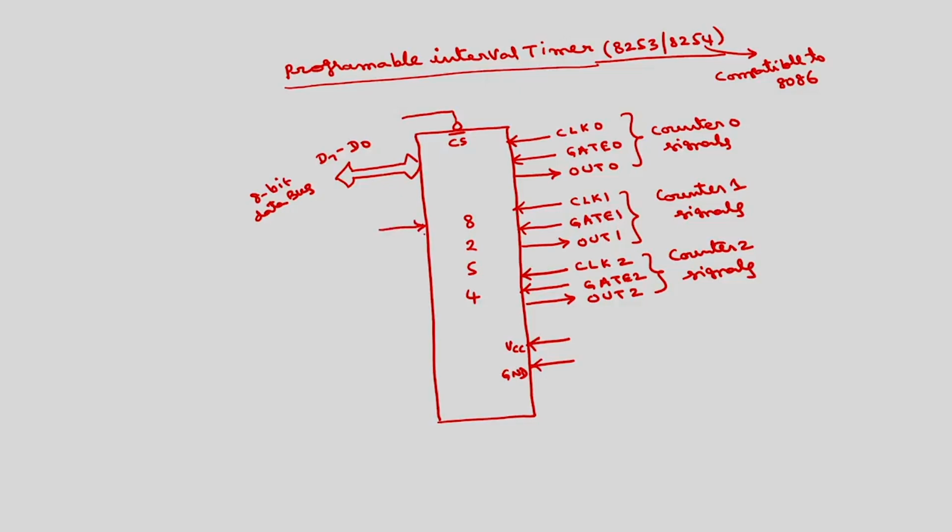Then we have A1 and A0 signals which select the counters. Then we have read bar, write bar. So in total there are 24 signals, so this is a 24 pin IC.